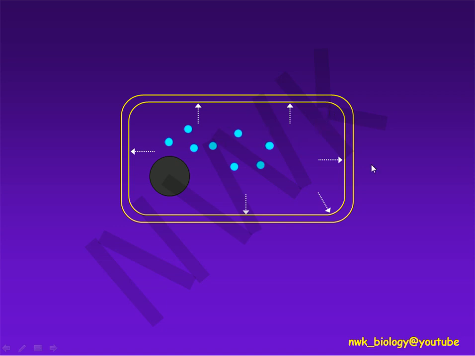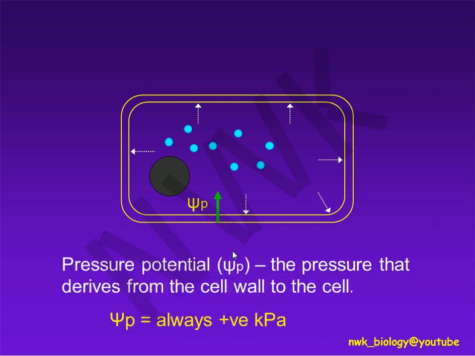So what happens is the cell wall will give a reverse pressure, known as pressure potential, to the cytoplasm to prevent the plant cell from bursting. Pressure potential is defined as the pressure that derives from the cell wall to the cell to prevent the plant cell from bursting.